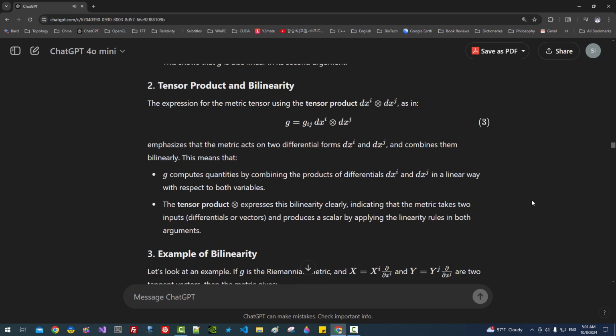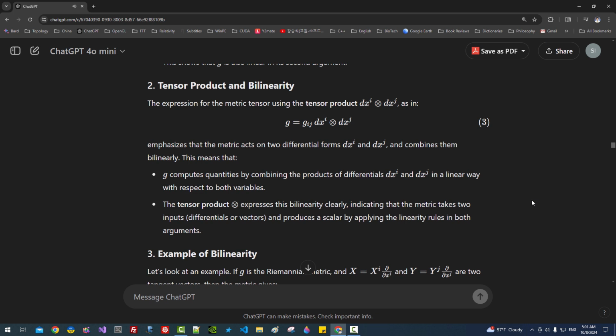Number 2. Tensor product and bilinearity. The expression for the metric tensor using the tensor product dx^i ⊗ dx^j, as in g equals g_ij dx^i ⊗ dx^j, tag 3, emphasizes that the metric acts on two differential forms, dx^i and dx^j, and combines them bilinearly.